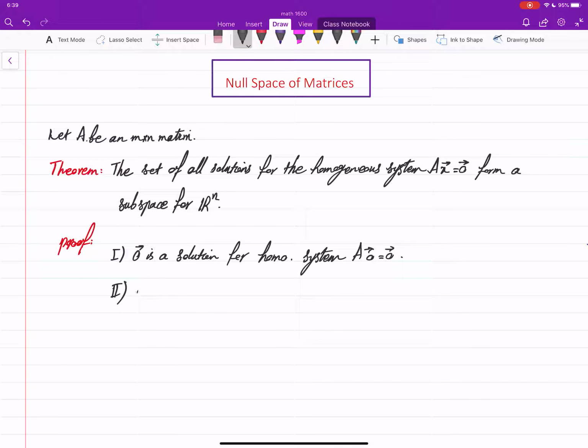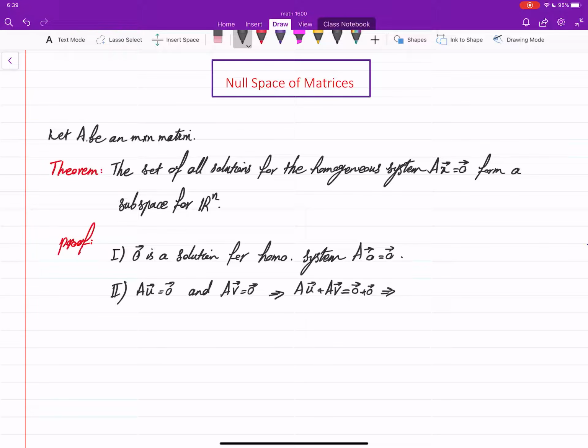In other words, if Au is equal to 0 and Av is equal to 0, then Au plus Av is going to be equal to 0, the sum of two zeros.